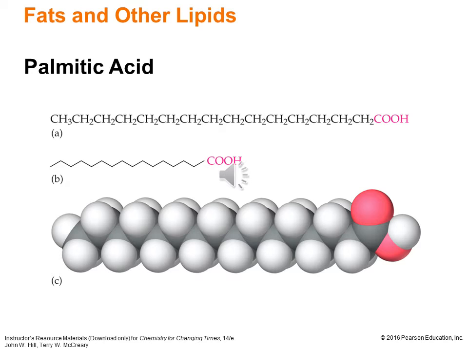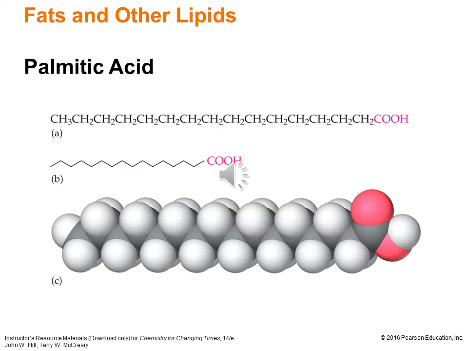Here we see palmitic acid, which is a very long chain fatty acid. We see the polar head group, that carboxylic acid head group. Of course, that's why we call it an acid: the C double bond O, single bond OH. That's a polar head group, right? There's hydrogen bonding that can happen there that makes it nice and polar. And then you've got that long chain of the fatty acid that's non-polar, just carbons and hydrogens.